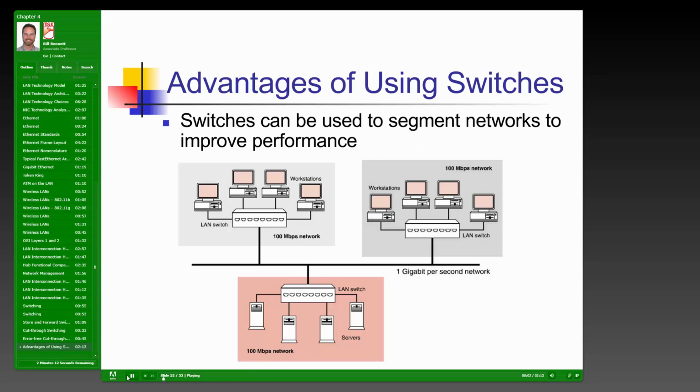So this last slide here is illustrating the advantages of using switches, at least one advantage that we really haven't talked about, which is using the switch to kind of segment the network as far as breaking it into smaller chunks. They're still all part of the same broadcast domain.